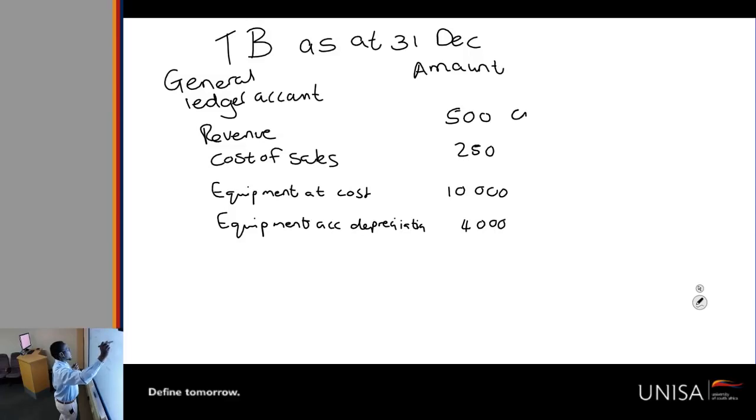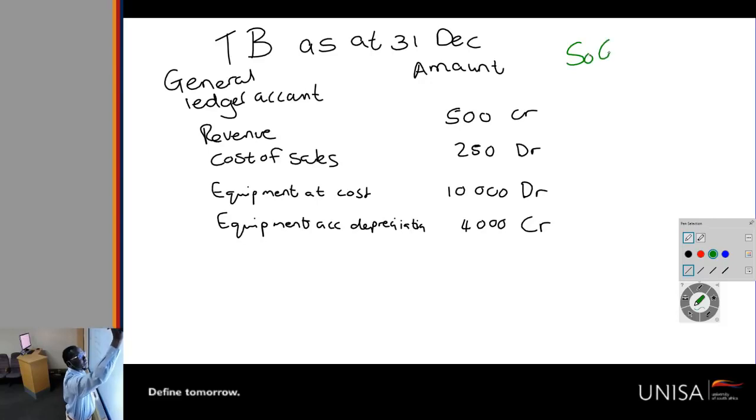Revenue is obviously a credit, cost of sales is obviously a debit, equipment at cost is a debit, and accumulated is a credit. So if you're looking at a trial balance, you want to know which assertions would be applicable for what. The first question you'd be asking yourself is, do these accounts relate to the statement of comprehensive income, or do they relate to the statement of financial position?